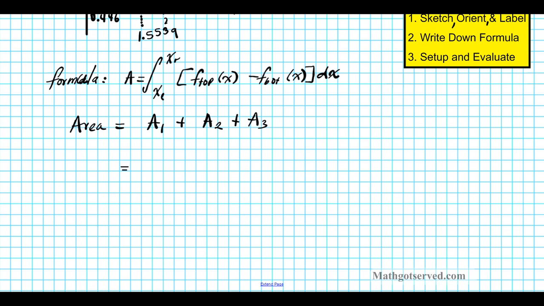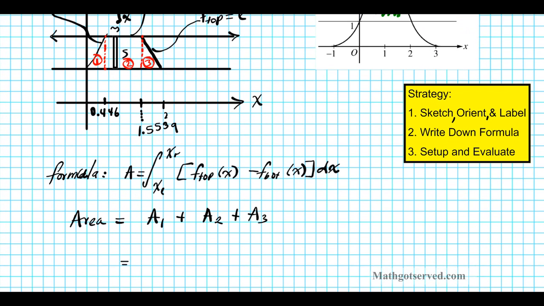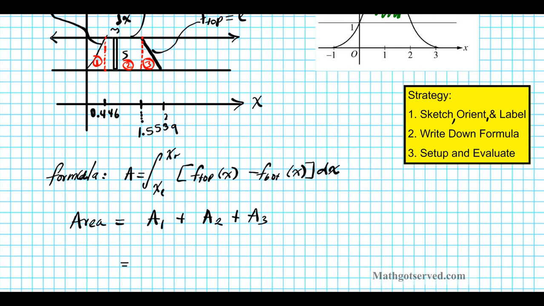Our area is going to become: area of region 1 will be the integral, so we can extend this down here. Region 1 ends at the first point of intersection, which is 0.446. Region 2 ends at the second point of intersection. And then region 3 is just at 2. Okay?